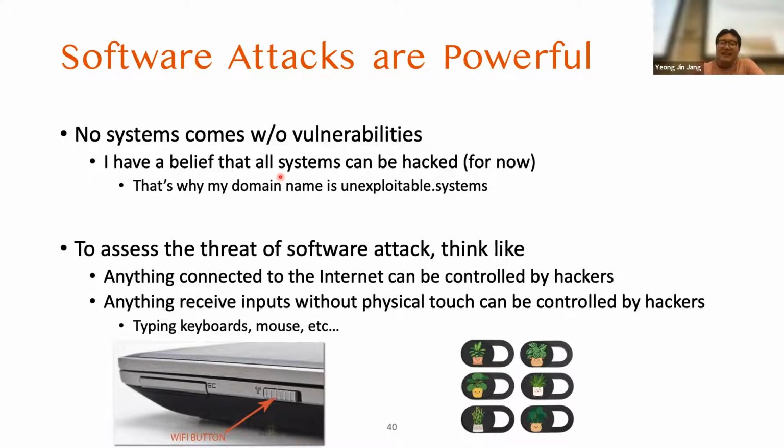How I think is, anything that runs software or hardware, digital systems, they can all be hacked. So think of anything connected to the internet. That means attackers can remotely take control of it. And then anything that receives input without physical touch. What that means is, have you heard about the case where smart speakers, Amazon Alexa or other smart speakers, react to speech from television?